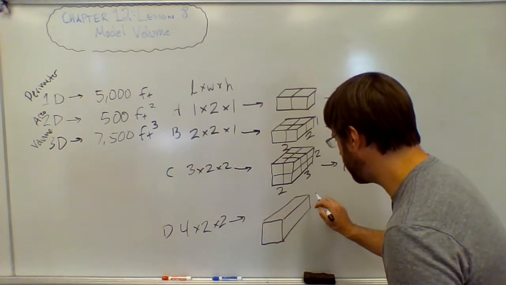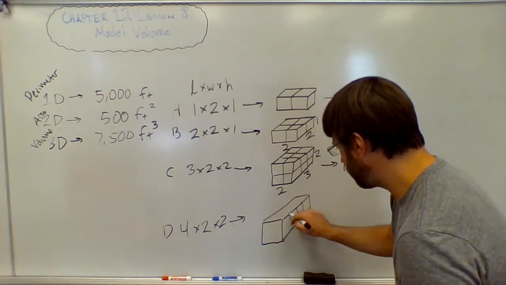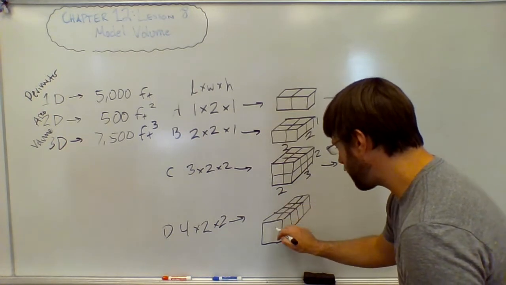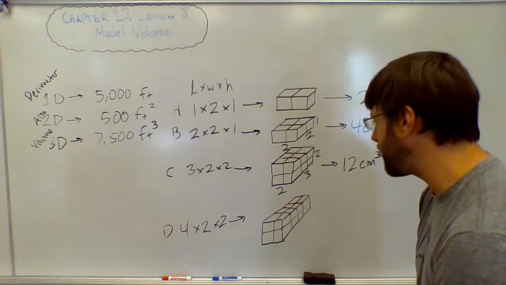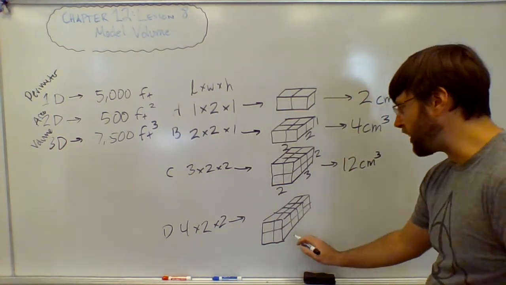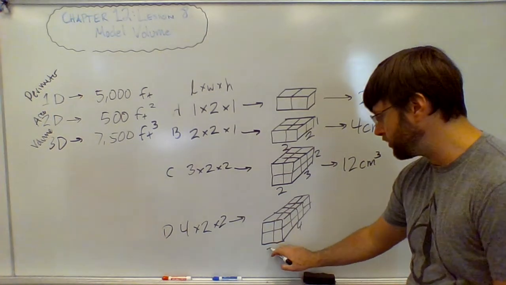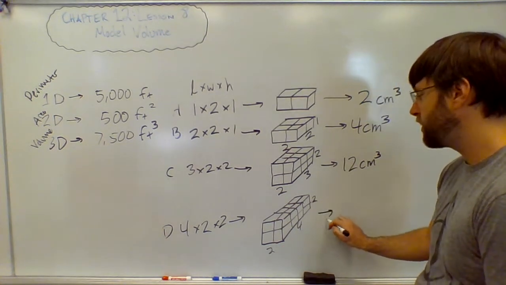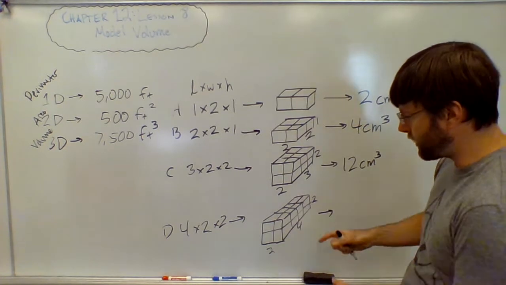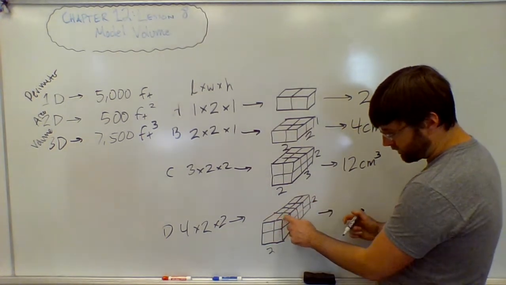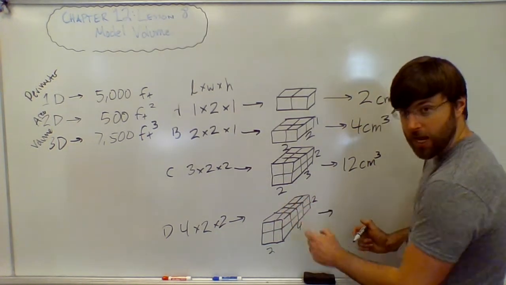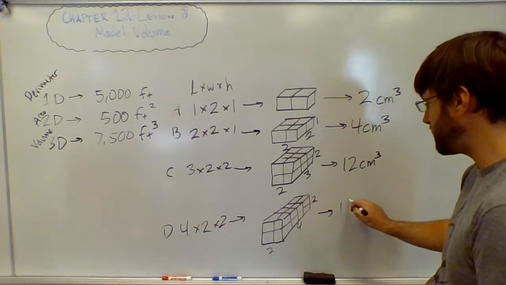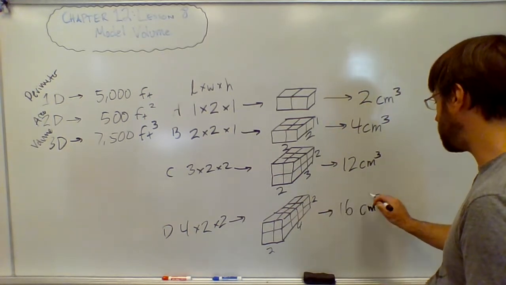It's a loaf of bread. There it is. Okay, so now I've got something that's 4 long, 2 wide, and 2 tall. So the base layer would be 1, 2, 3, 4, 5, 6, 7, 8 of those cubes, and then it's double, there's 16 cubic centimeters.